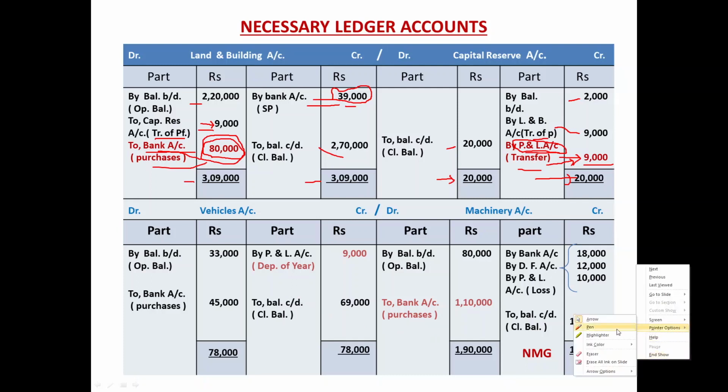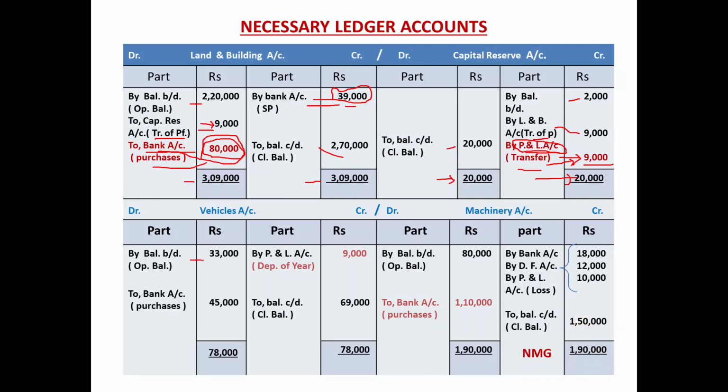This is the vehicles account. Opening balance 33,000, closing balance 69,000. Now this transaction, for which there is no need of any working note, can be posted directly in the ledger account. Vehicles account debited, bank account credited, purchase 45,000 as given in additional information point number 2.